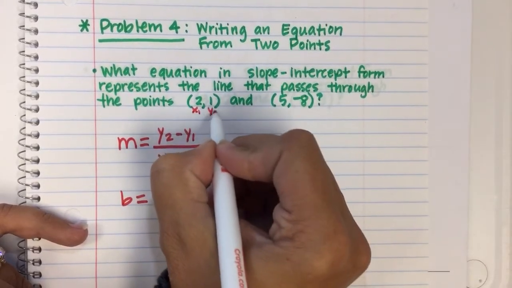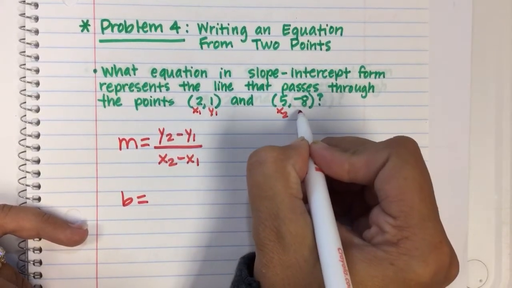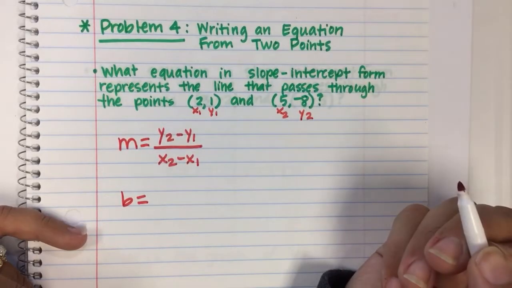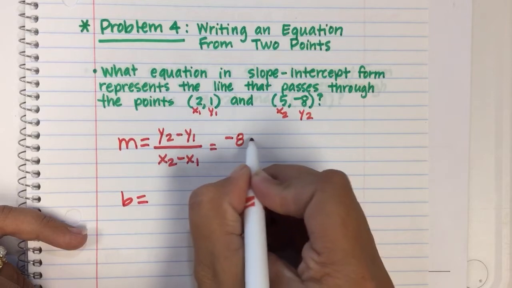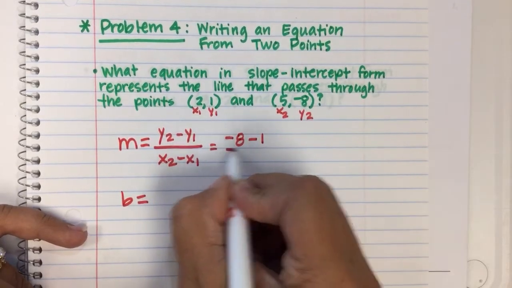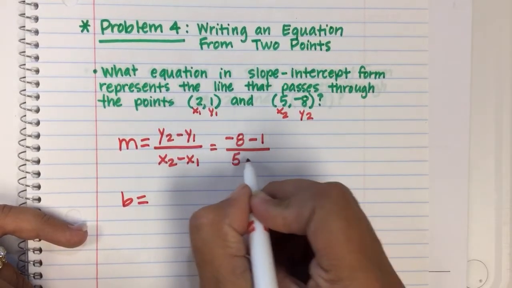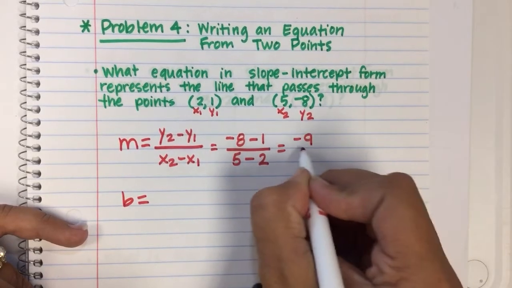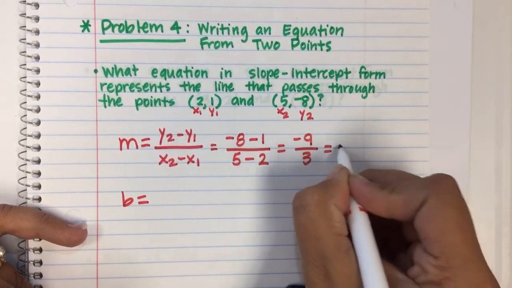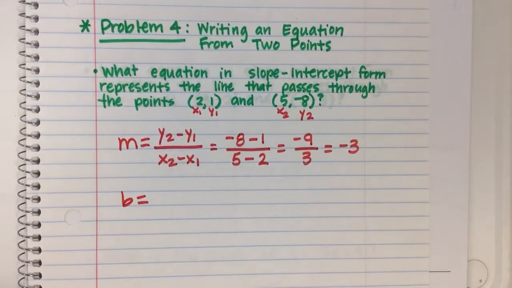So this is x1, y1, x2, y2 to find the slope. So it's y2, -8, minus 1 over x2, 5, minus x1, which is 2, which is -9 over 3, which is -3.